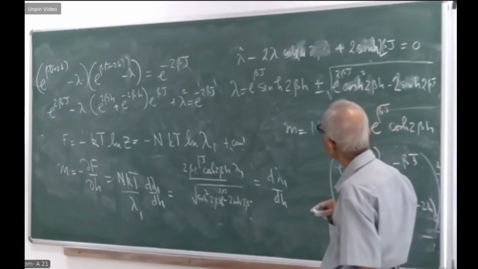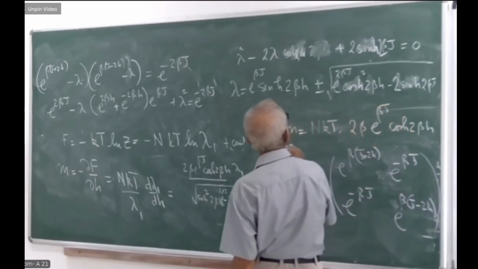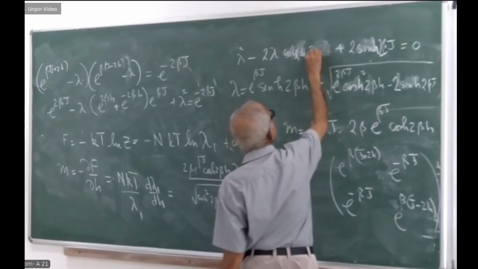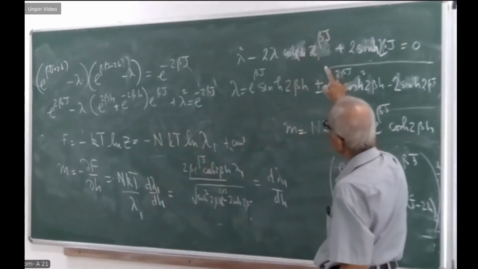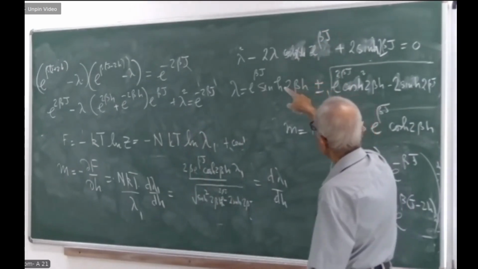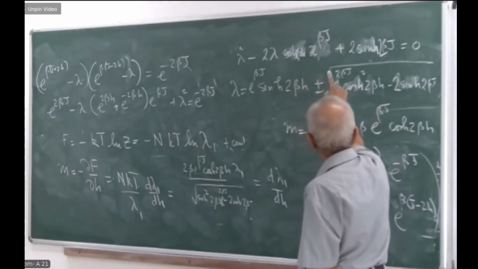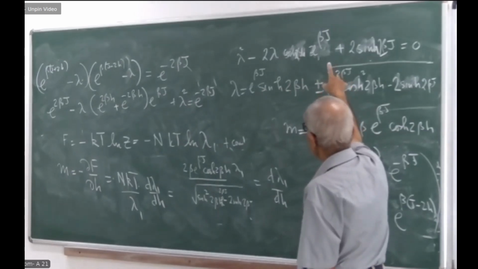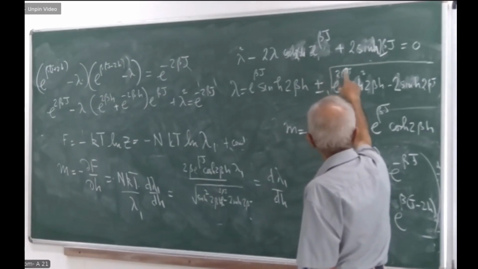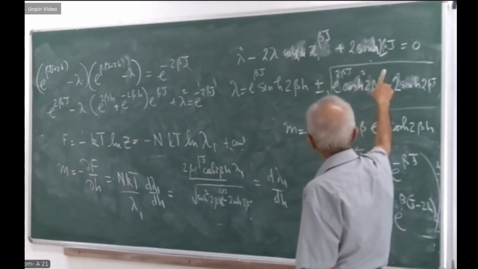There has to be an e to the power beta j sitting here. So it is lambda square minus 2 lambda cos hyperbolic 2 beta h times e to the power beta j and plus 2 sine hyperbolic beta j.